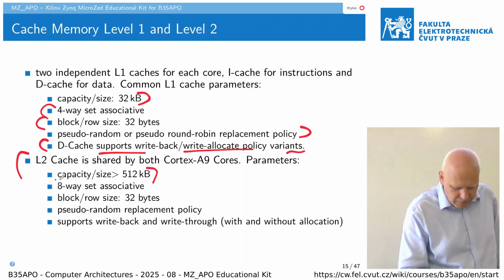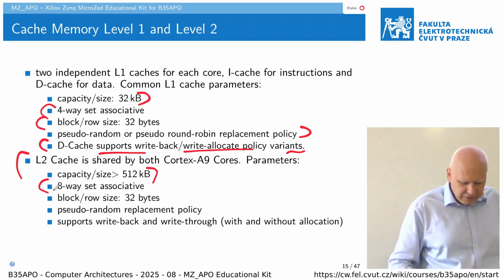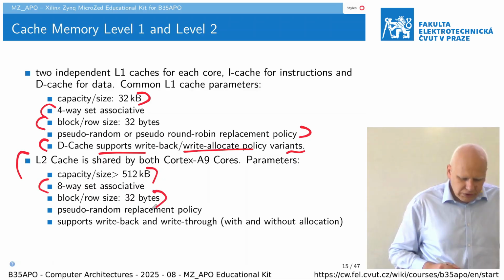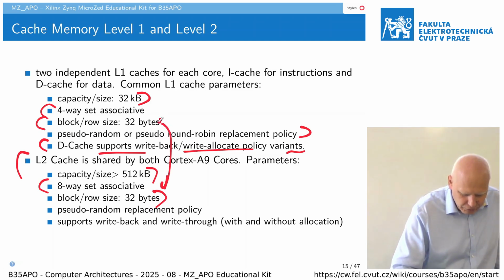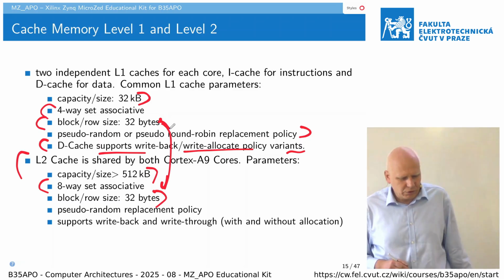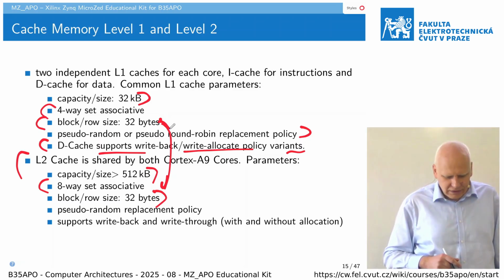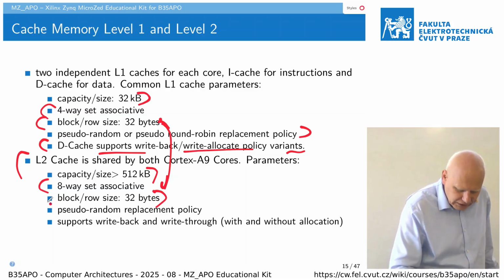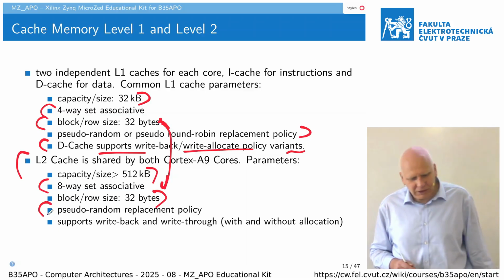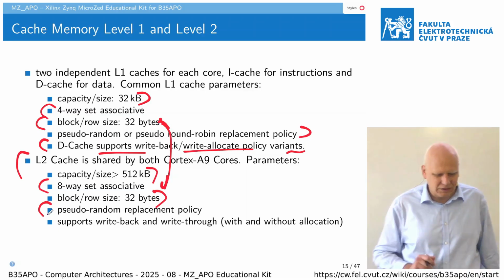It has 512 kilobytes. It is 8-way. Row size is 32 bytes, which is better if those match. If those do not match, then it can result in surprising results. It needs more care from the operating system. It has a pseudo-random replacement policy, so again, this is not so good.